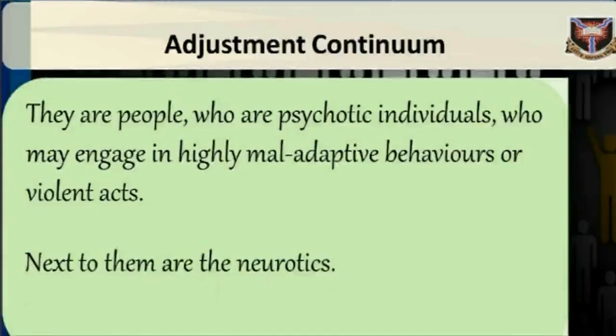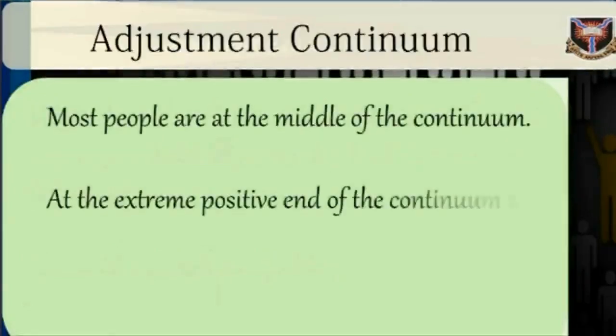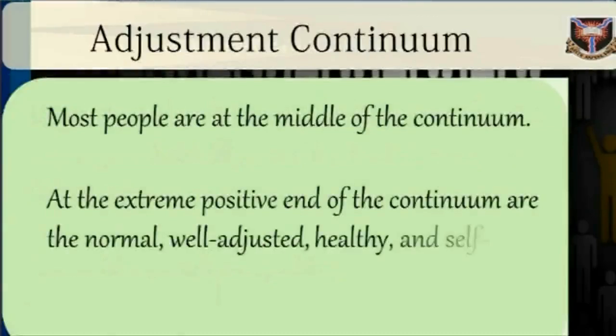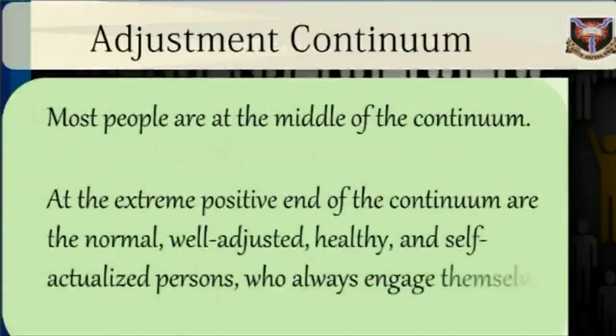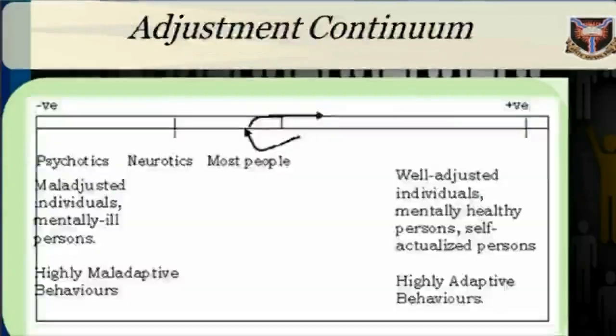Next to them are the neurotics. Most people are at the middle of the continuum. At the extreme positive end are the normal, well-adjusted, healthy, and self-actualized persons who always engage themselves in highly adaptive behaviors. An illustration of the three categories of individuals is given in Figure 10.1 below.